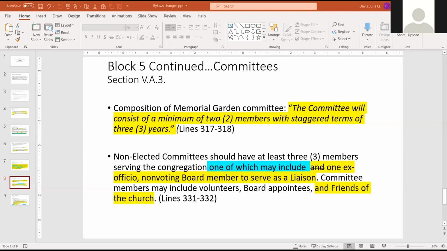So I think the original wording is good. What you're saying is you want some liaison between the committees and the board. Correct. And you figured out how to do that. Correct. This is what we're proposing. So Quentin, I'm suggesting taking out what you just added, the one of which.